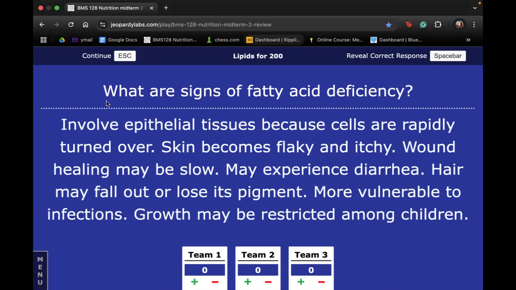Involve epithelial tissues because cells are rapidly turned over. Skin becomes flaky and itchy, wound healing may be slowed, may experience diarrhea, hair may fall out or lose pigment, more vulnerable to infections, growth may be restricted among children.